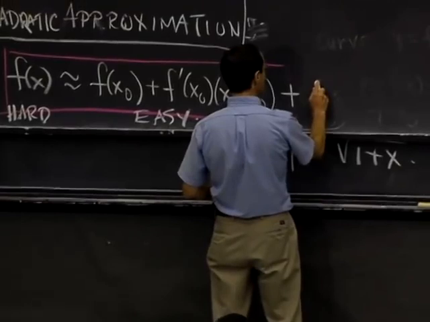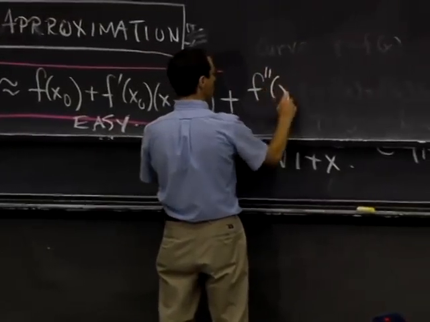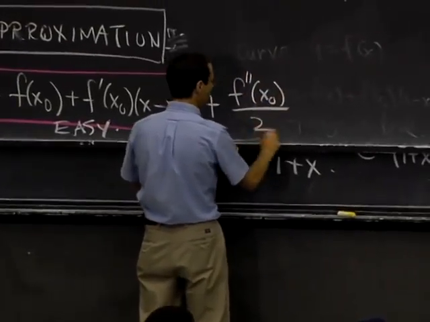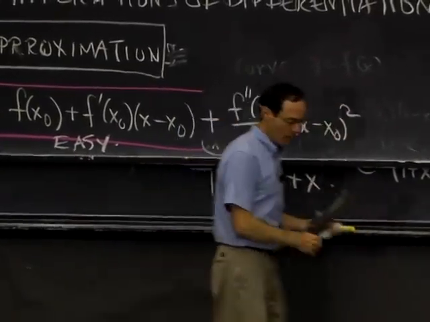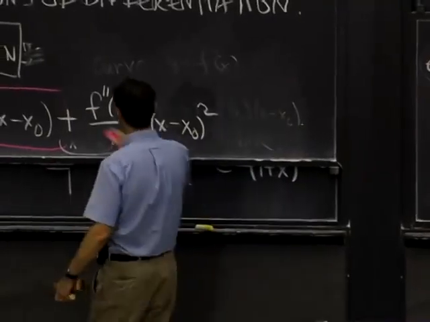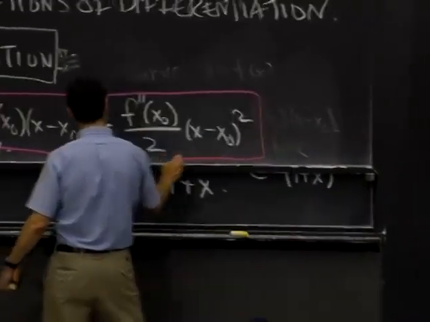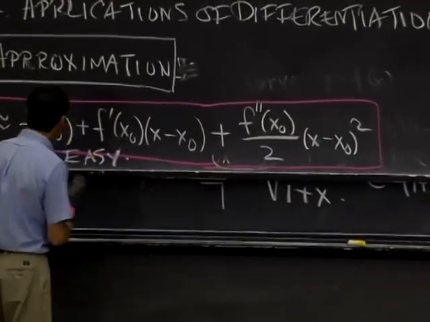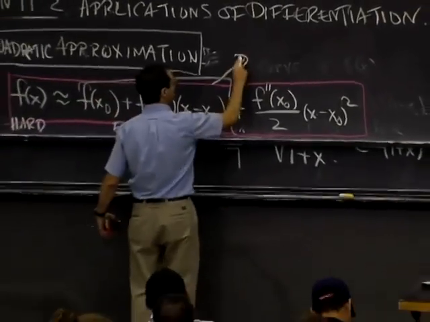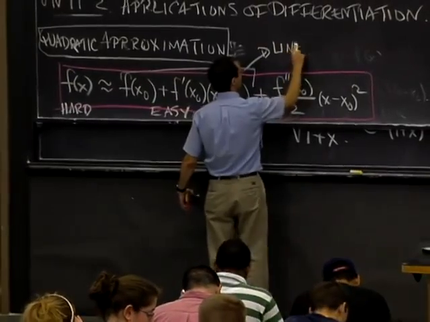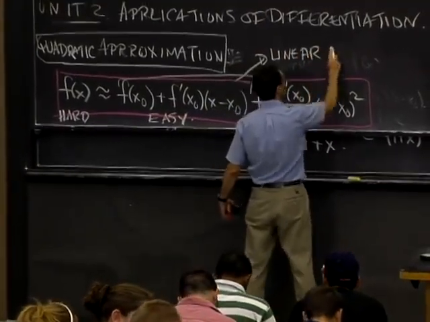The extra term turns out to be related to the second derivative, but there's a factor of 2. So this is the formula for the quadratic approximation. And this chunk of it, of course, is the linear part. This time I'll spell linear correctly.